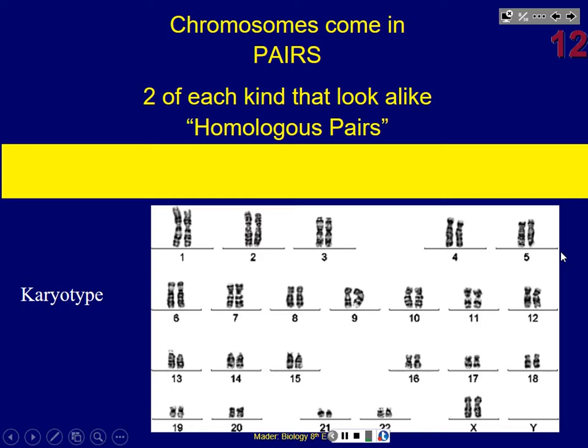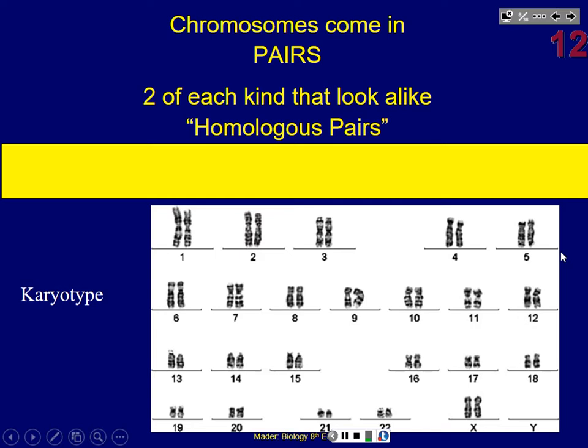The recipes that are on pair number 1 are not going to be on any other pair. For instance, if we have a gene or a recipe for eye color on pair number 1, then that gene is not going to be anywhere else. Each pair of chromosomes has its own unique set of genes.